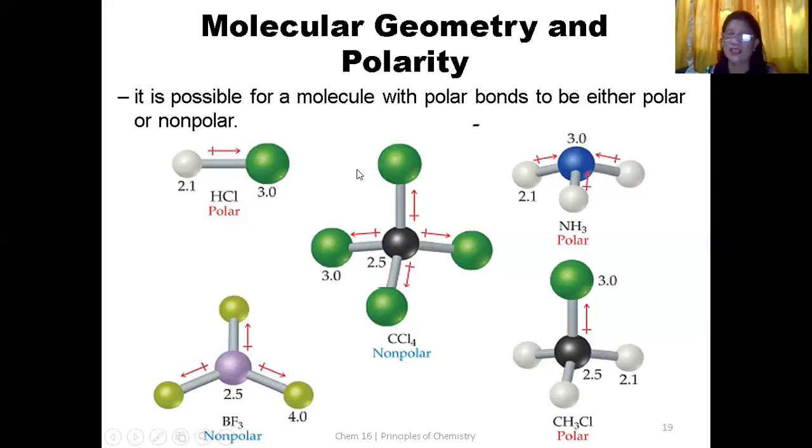Then this one is polar because that is 3 minus 2.1 is 0.9. This one, non-polar also. This is polar, because 3 minus 2.1 is 0.9. Okay. So that is how we are going to know its polarity.